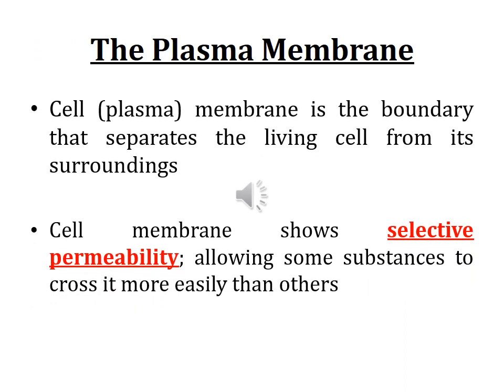Now, as you might know from the theory, the plasma membrane is the boundary that separates the living cell from its surroundings. If you think of Saudi Arabia as a big country, it has a boundary with certain countries. It's selectively permeable, which means that only certain people can come in and certain people can go out.